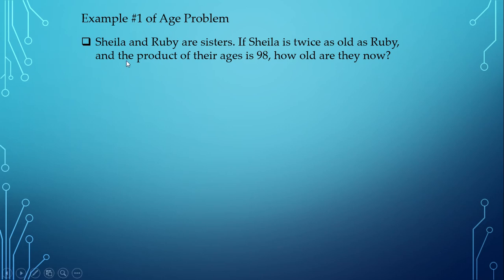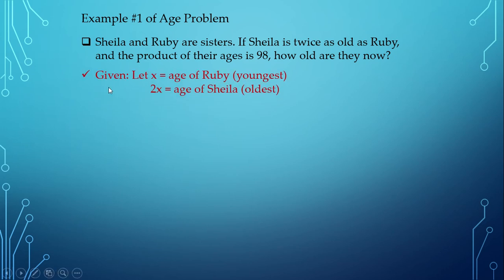Next, the product of their ages is 98. If you multiply their ages, you get 98. The question is, how old are they now? What are their ages now? So first is to read and analyze the given problem, identify what is given and what is asked.